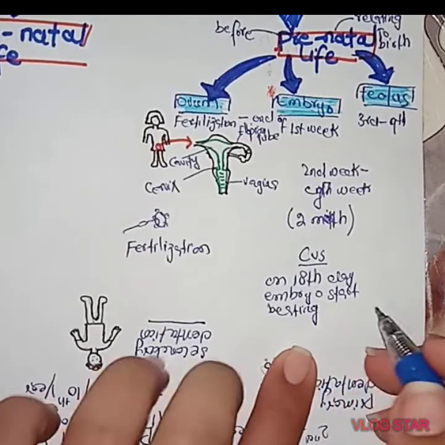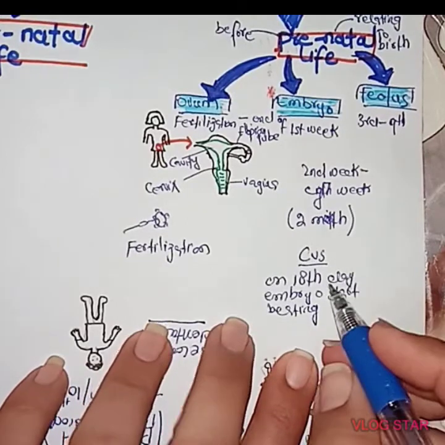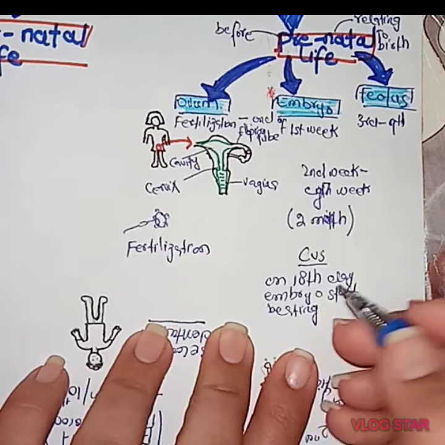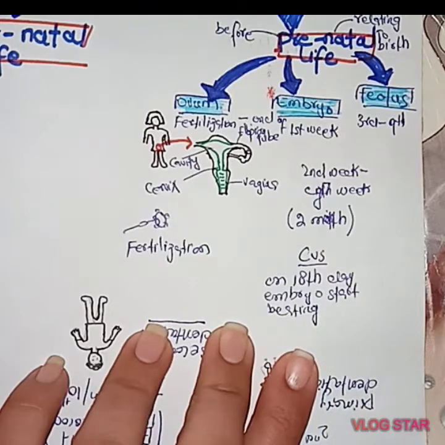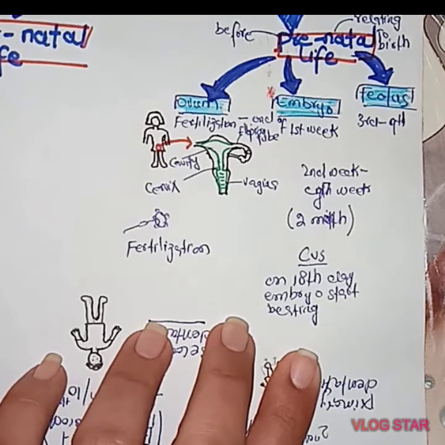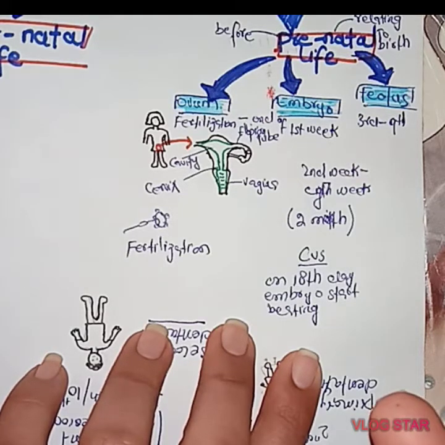Here is a very interesting thing: the first system developed in the embryo is the CVS, the cardiovascular system. On the 18th day the endocardial tube is developed and starts beating. At this time the brain has not developed, but the heart tube has developed, and it starts beating and pumping blood to the tissues.